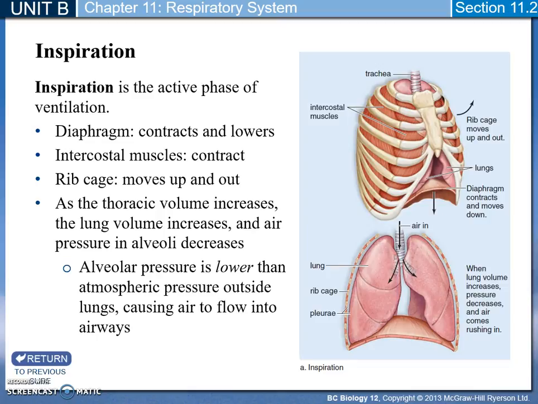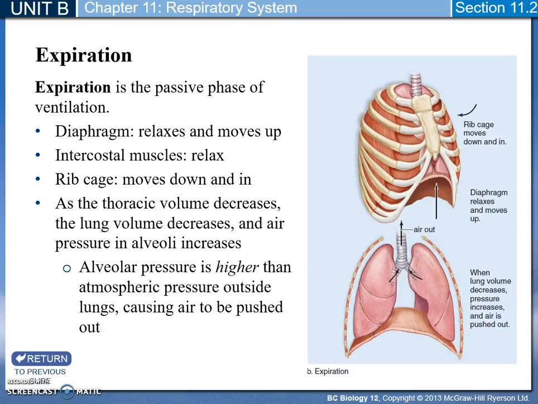With inspiration, the ribs pivot at the spine and the sternum and move in an up direction, which increases the volume of the thoracic cavity. As the thoracic volume increases, the lung volume increases, and air pressure in the alveoli decreases. Alveoli pressure is lower than atmospheric pressure outside the lungs, which causes air to flow into the airways.